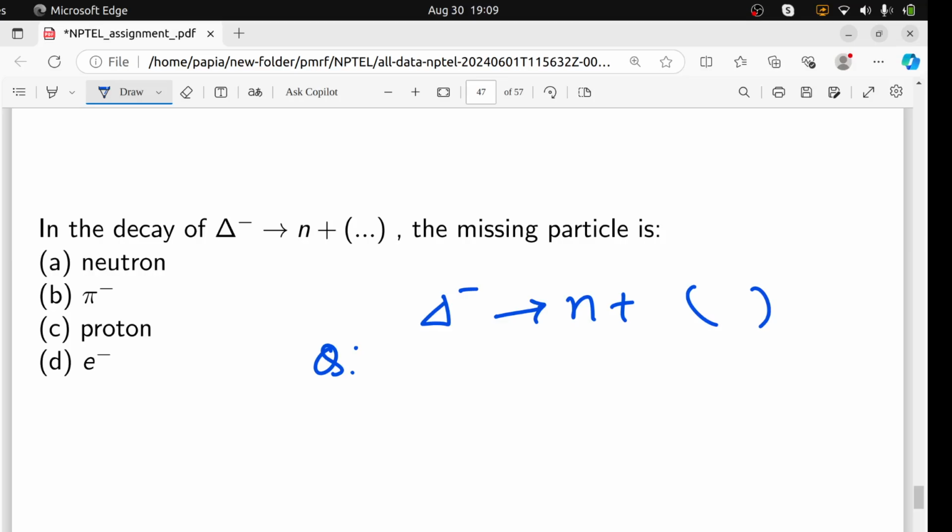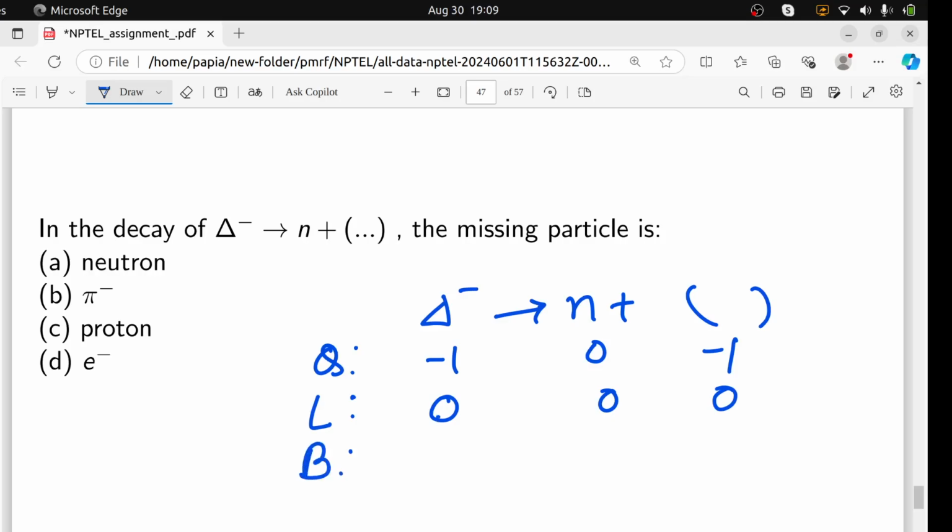So obviously if it is happening, that means there will be something which will conserve Q, L and B, all the quantum charges, as well as the strangeness is also conserved, but we will check that later. But for Q, it is minus 1 here and 0 for this. So whatever the particle will be, the charge will be minus 1, right? Lepton, this is not a lepton, this is not a lepton, so obviously the particle will not be a lepton.